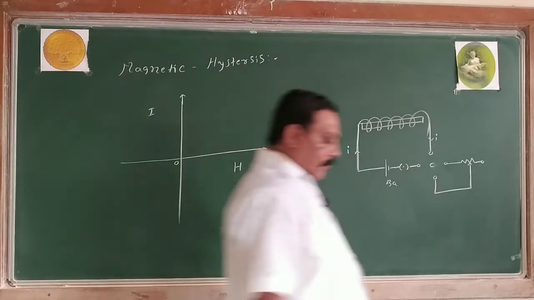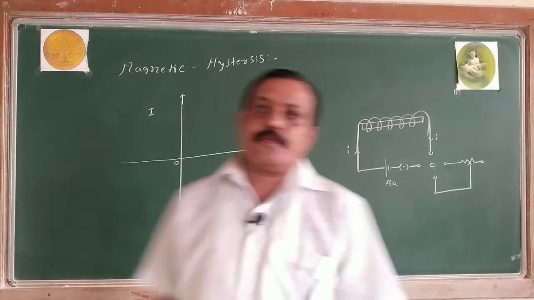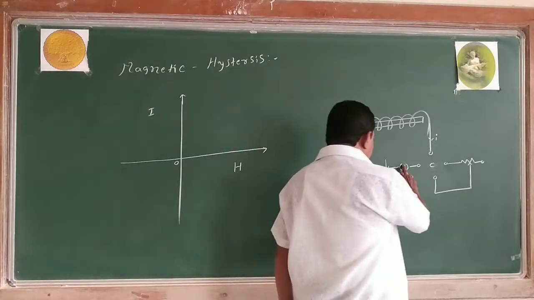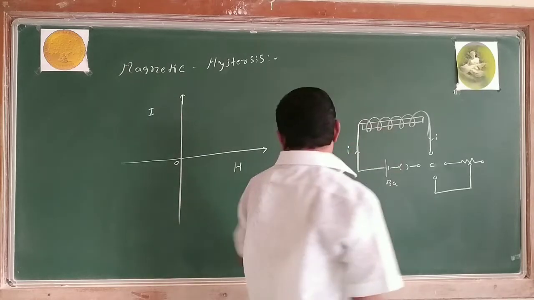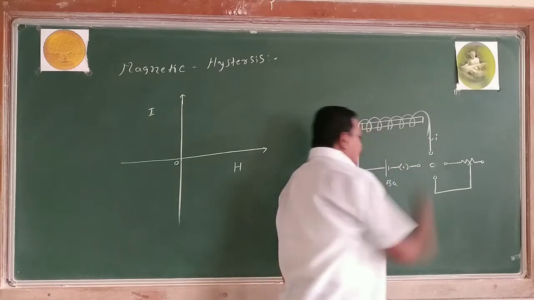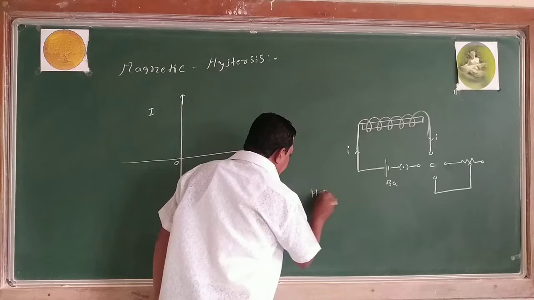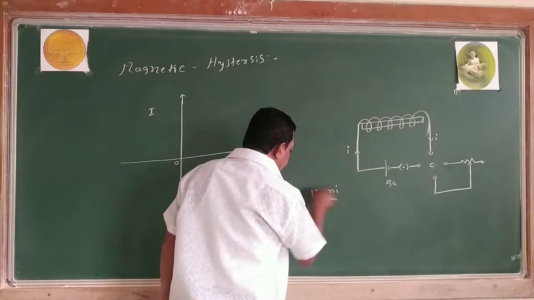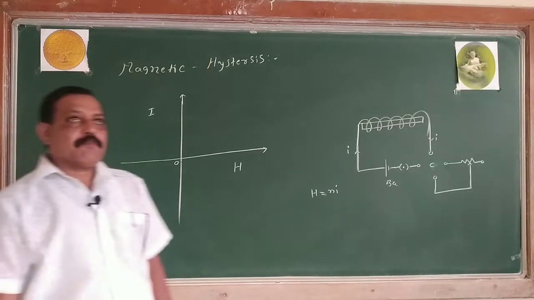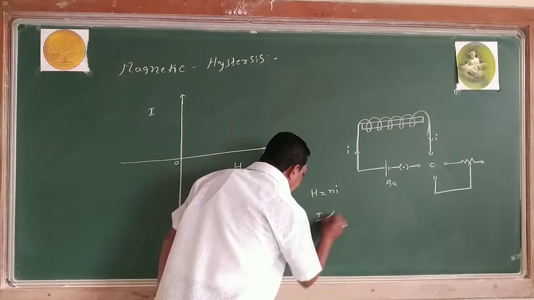The graph is known as the magnetic hysteresis curve. Before applying the key, there is no flow of current, so zero. As the current is passed, H equals n i. As i increases, H increases. As H increases, the intensity of magnetization also increases. That is, I is directly proportional to H.